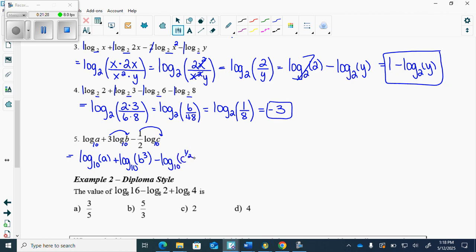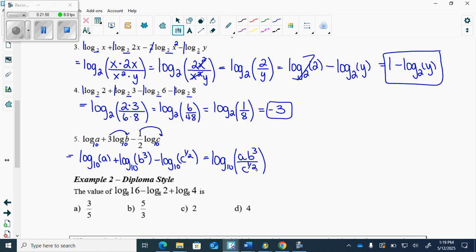Then because they're all base 10, I can put them together. So I get log base 10. In the numerator, I have an a. I have a b cubed. And in the denominator, I have a c to the half because it has a minus 1 in front.